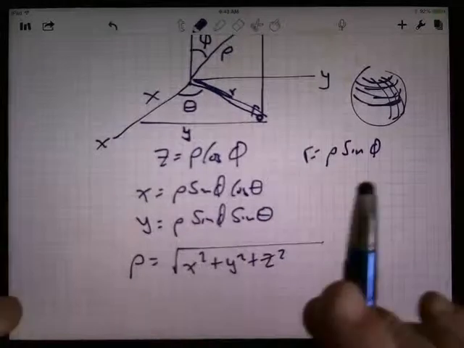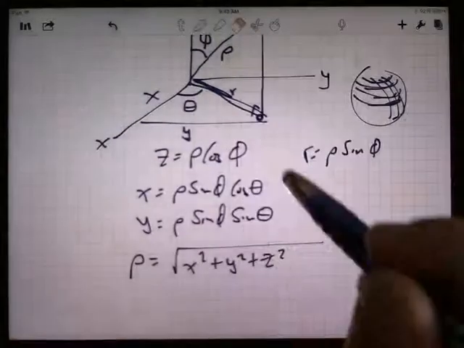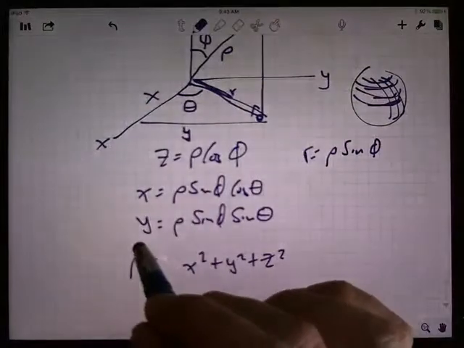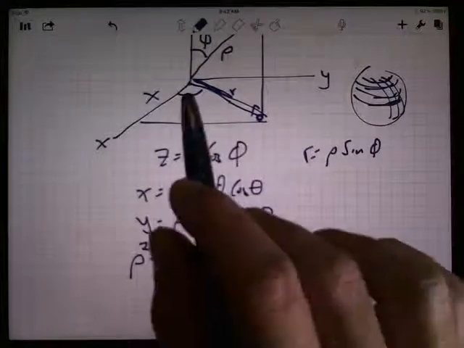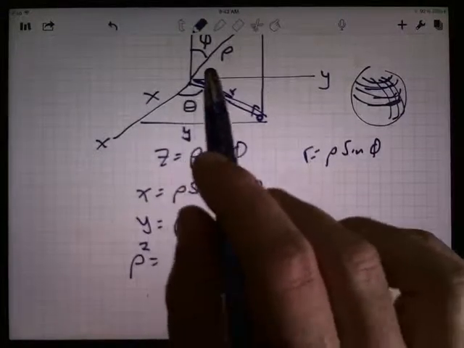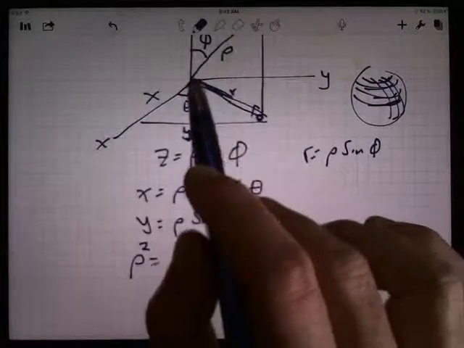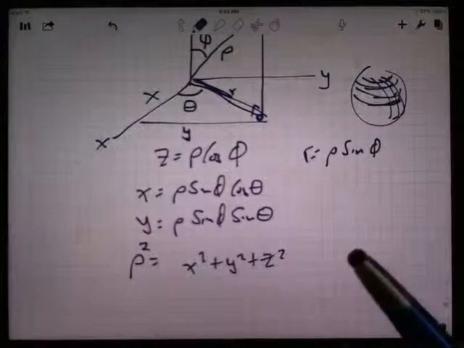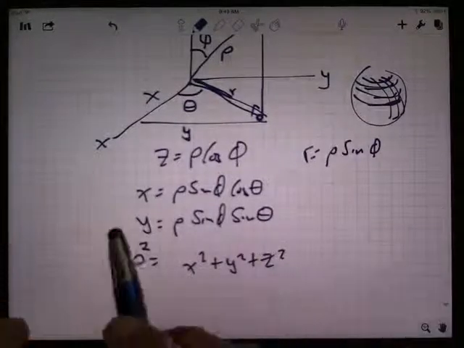We still have the relationship that, actually, I don't want to write it this way now that I think about it. I'm going to write it this way because, like polar coordinates, we can allow rho to be positive or negative. Theta and phi essentially tell you what direction to look in, and then rho is positive if you move in that direction, or negative if you move in exactly the opposite direction. So I'm going to leave it this way.